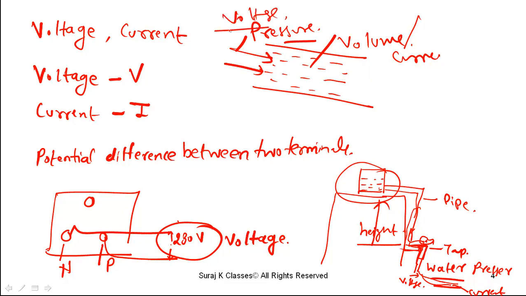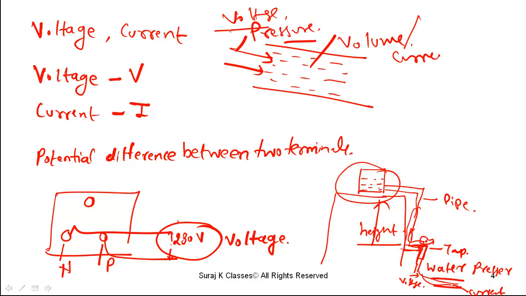So now I hope in layman language I have defined these two quantities, what the voltage is and what the current is, in simple terminology.